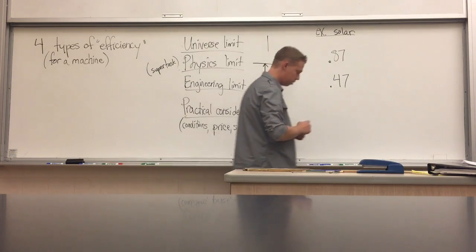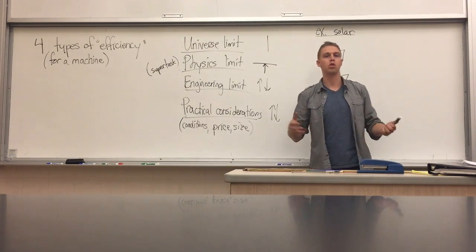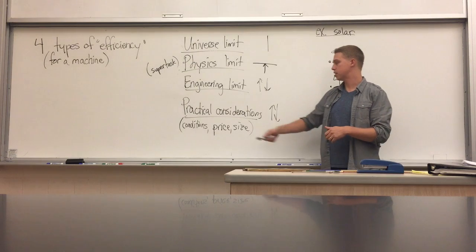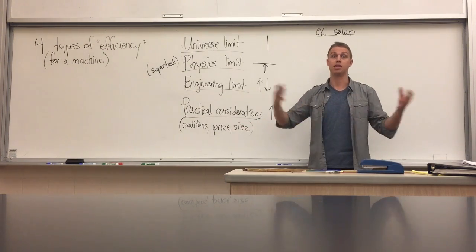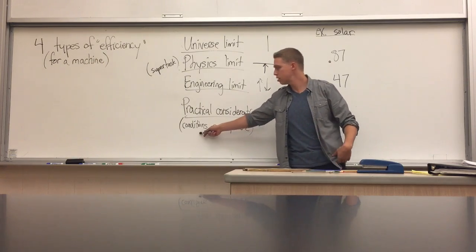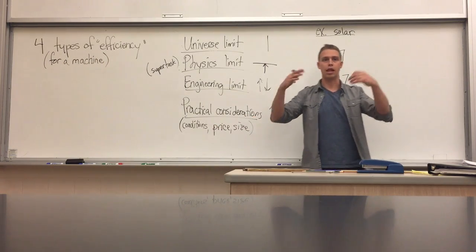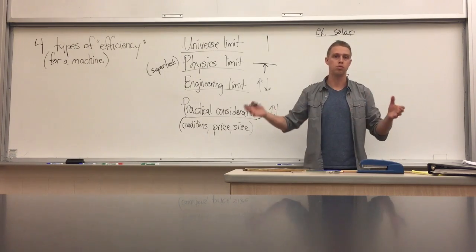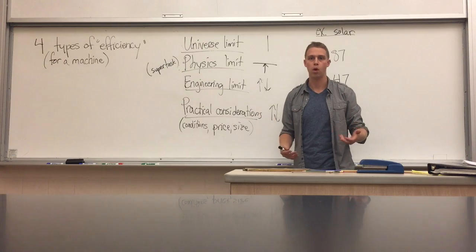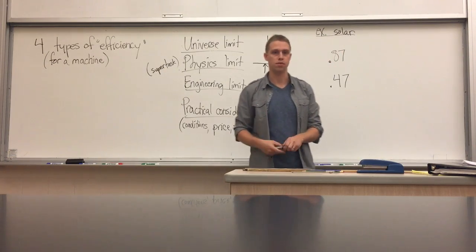So we can only build realistically solar panels that are so big, and we can only realistically have them cost so much to make, because our materials can't be like the best in the world every time. And certainly with solar, if it's cloudy or if it's at night, then we don't have any efficiency at all. So if you average over the course of a year, you're going to get something well below the peak efficiency of a solar panel.